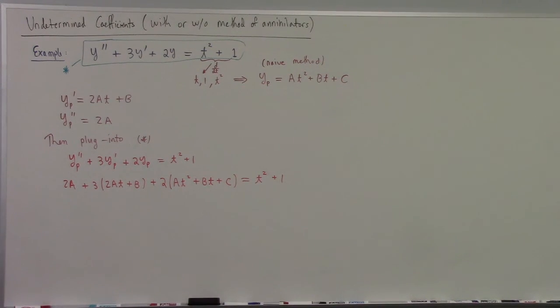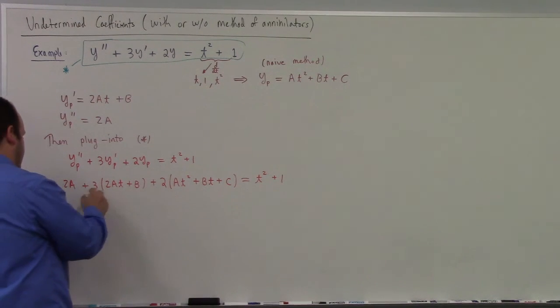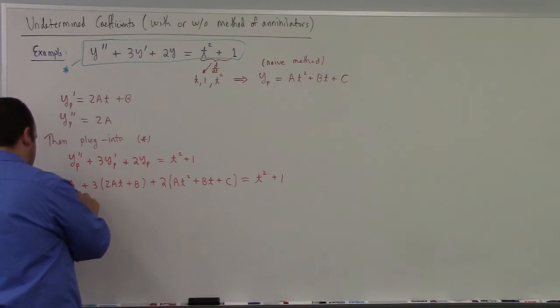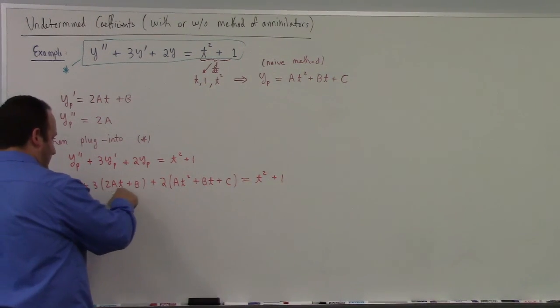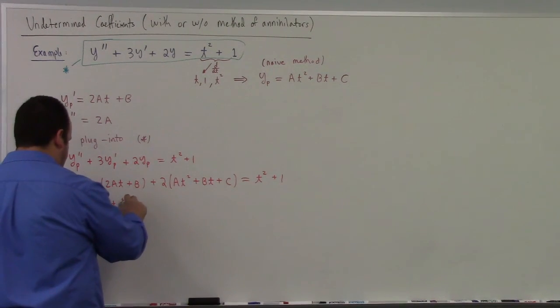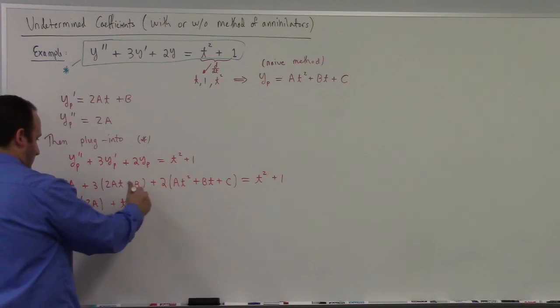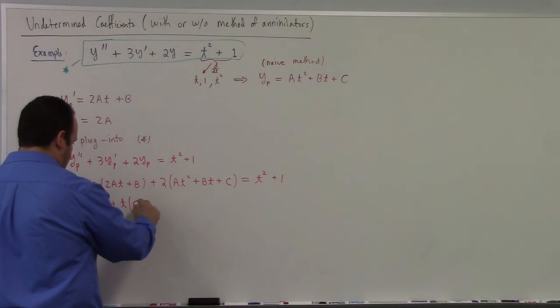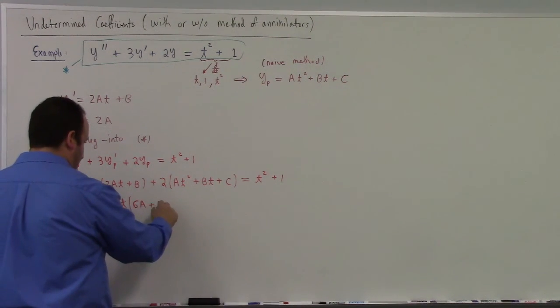collect stuff with t squared on both sides, right? So let's see here, I've got t squared times what? 2a, yeah. Plus t times what? 6a + 2b, anything else?